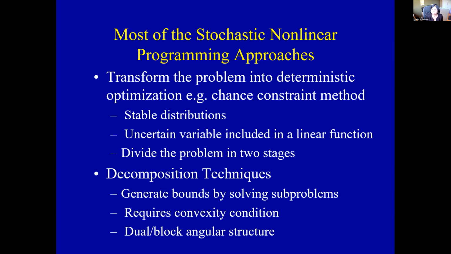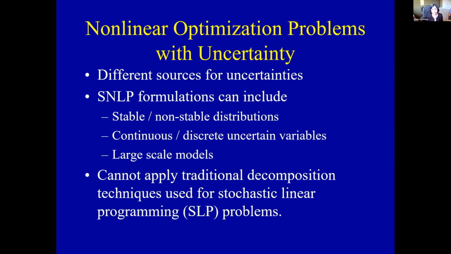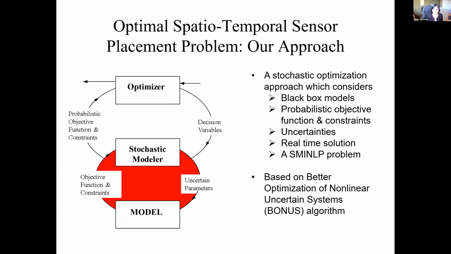The other approach people apply is decomposition techniques, which generate bounds by solving subproblems. That requires some convexity conditions and cannot be used here. So we use the algorithm I called BONUS, better optimization of nonlinear uncertain systems.